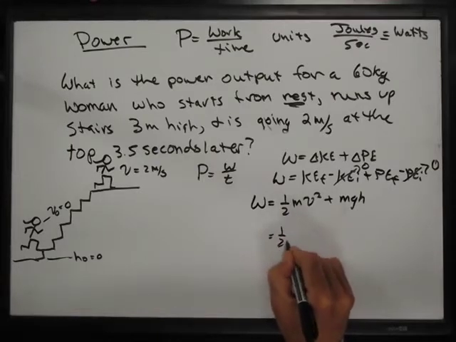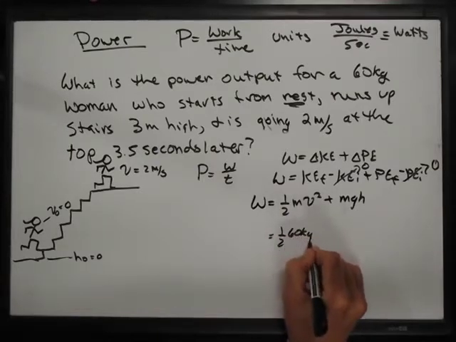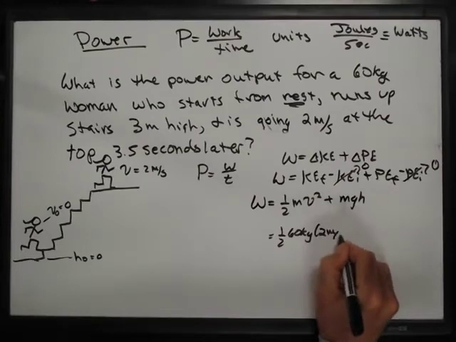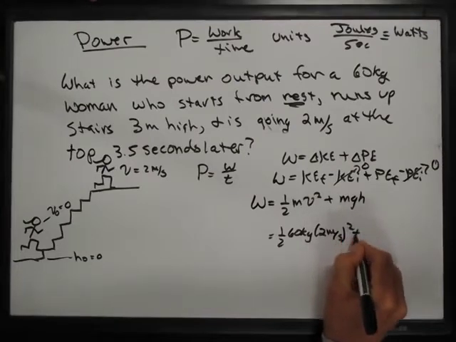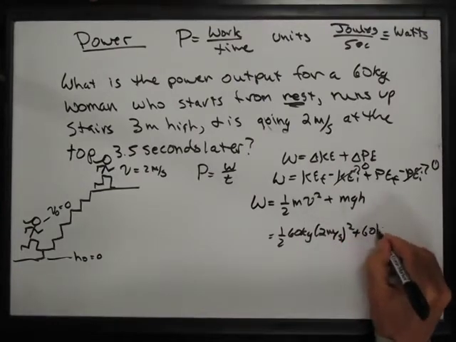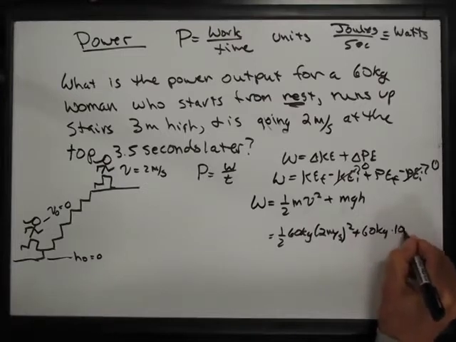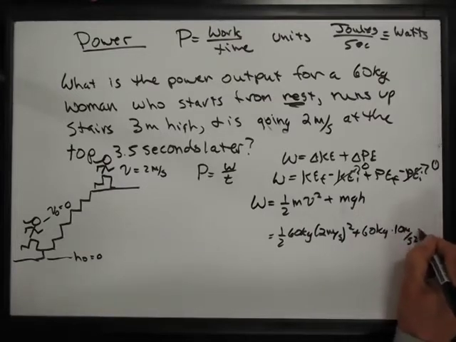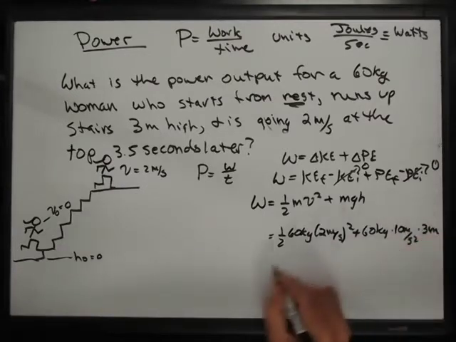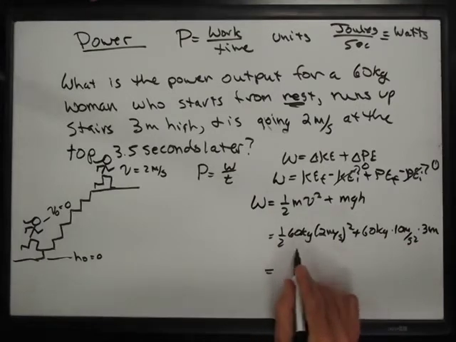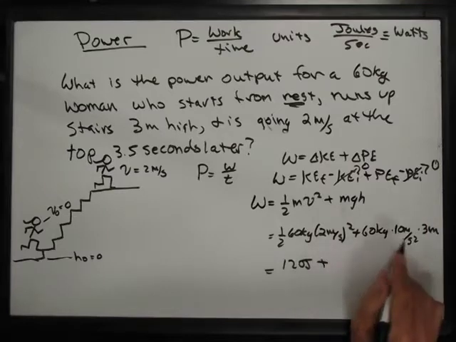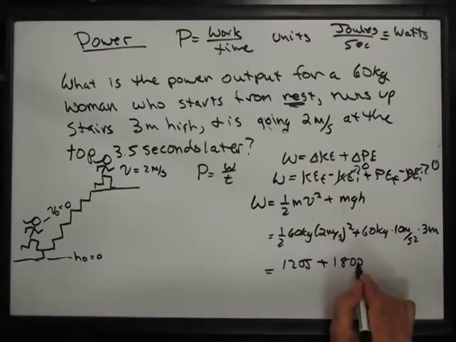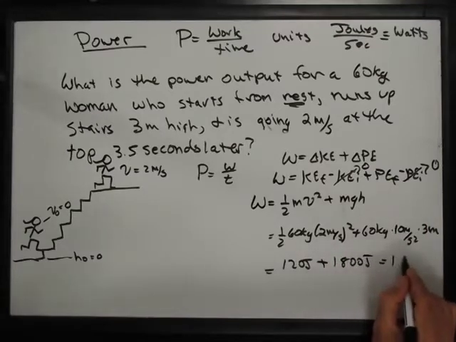And that's 1/2 times 60 kilograms times 2 meters per second squared plus 60 kilograms times 10 meters per second squared times 3 meters. And so this is 120 joules plus 1800 joules, which is 1920 joules, right?